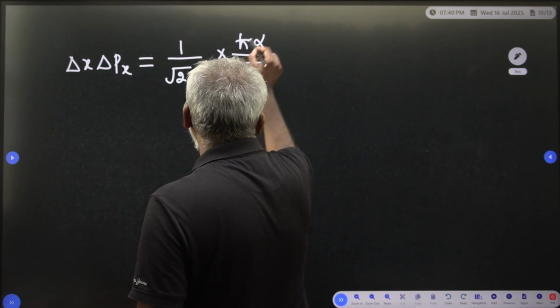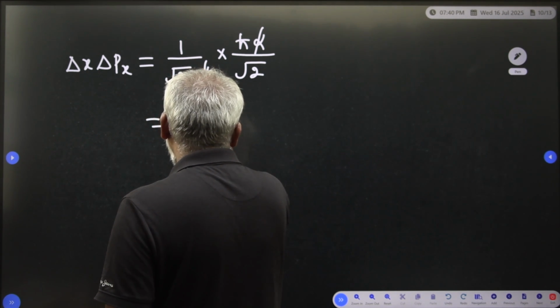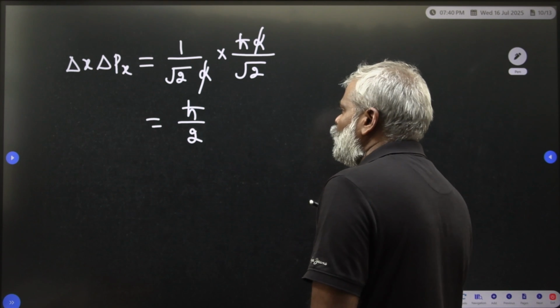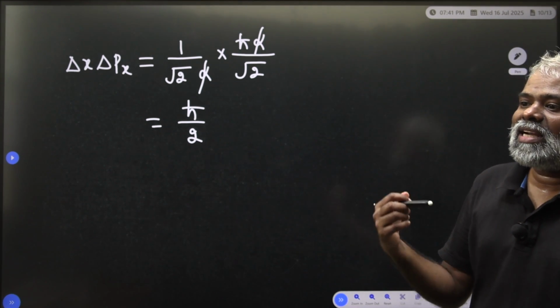Alpha gets cancelled. Therefore, h cut divided by 2, root 2 into root 2 is equal to 2. This is the uncertainty principle.